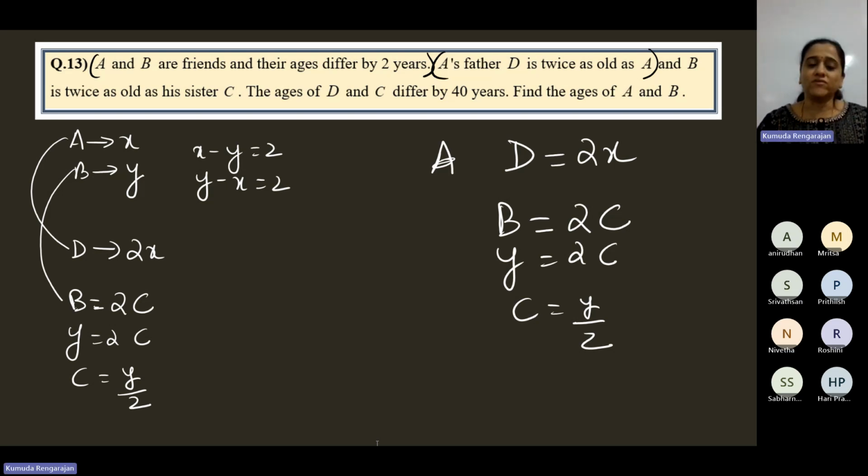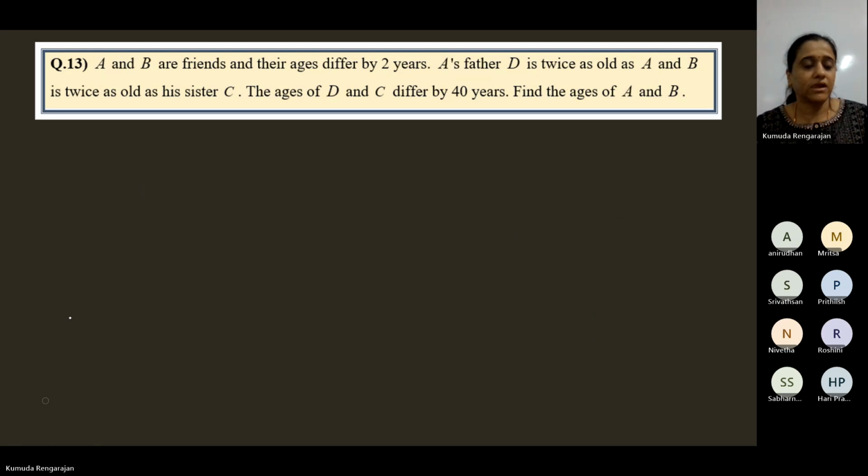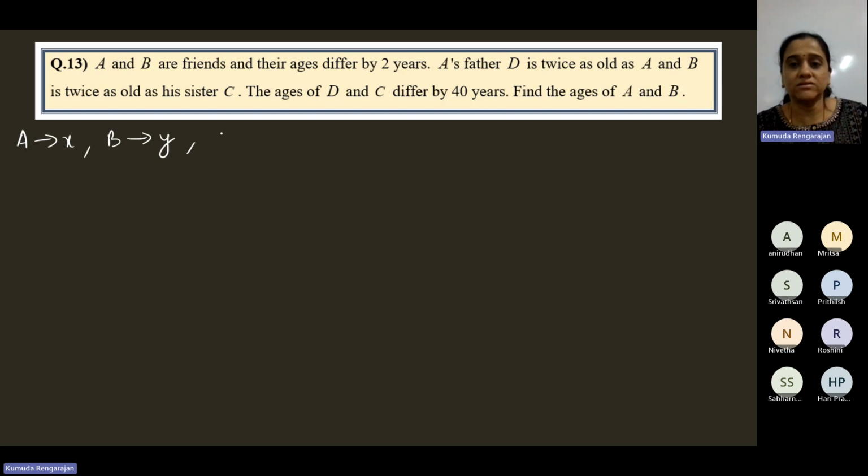So like this, we have everybody's ages in X and Y: A is X, B is Y, father D is 2X, and sister C is Y by 2.